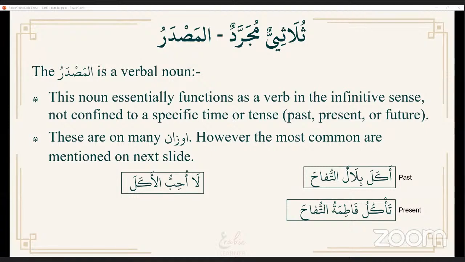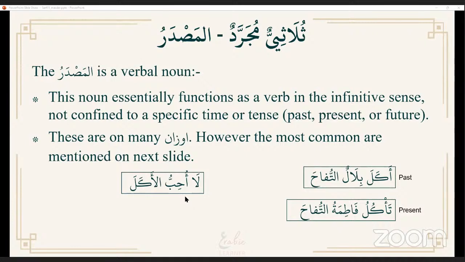Now what is the fa'il? Ha, ba and ba, so there is a shadda here. Where is the fa'il here? Is there a fa'il here? The fa'il is mustatir, ana.